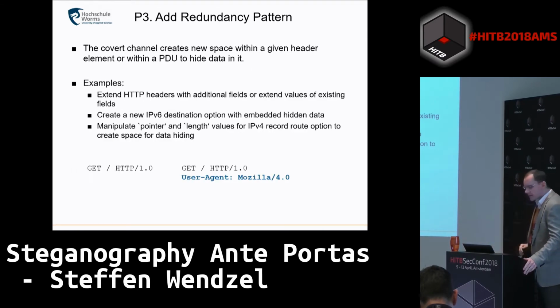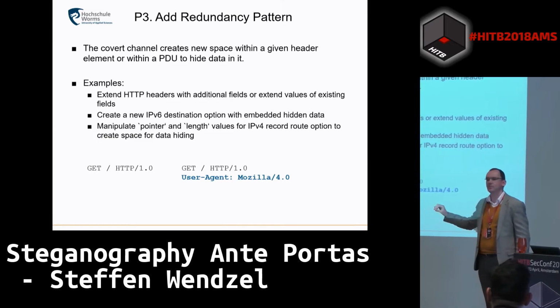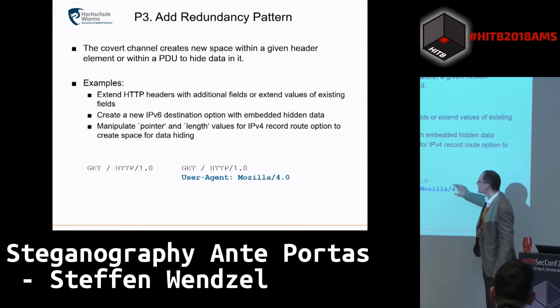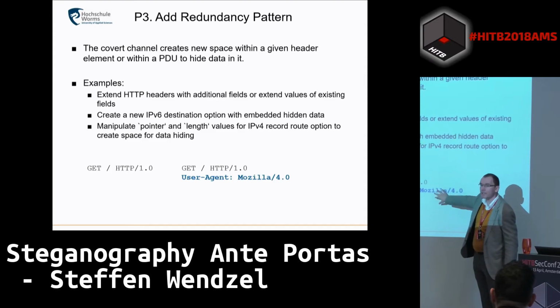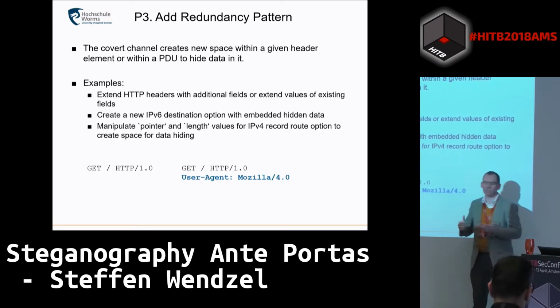Then we have the add redundancy pattern. Add redundancy means we just add something that is not absolutely necessary. For instance, we can add the user agent or other header parts, but we don't have to. And we can also use that to encode the hidden message.